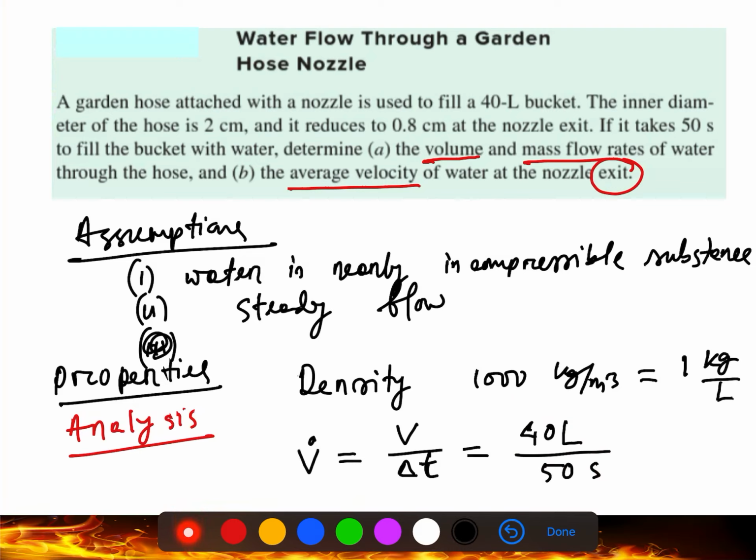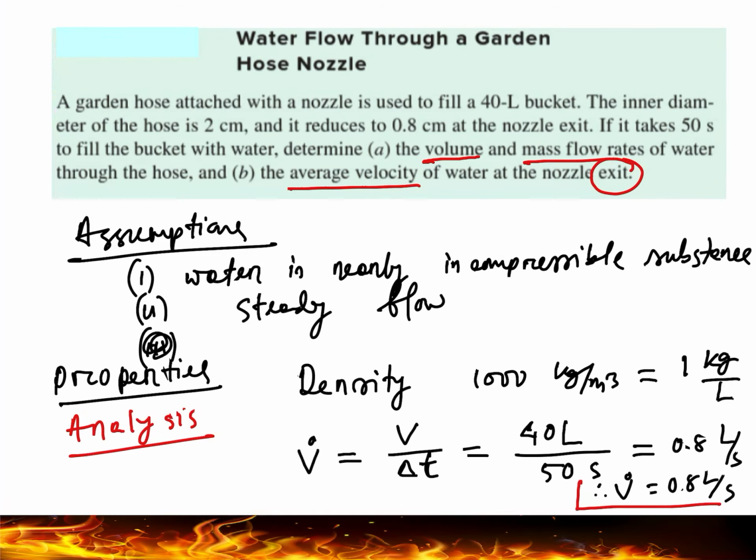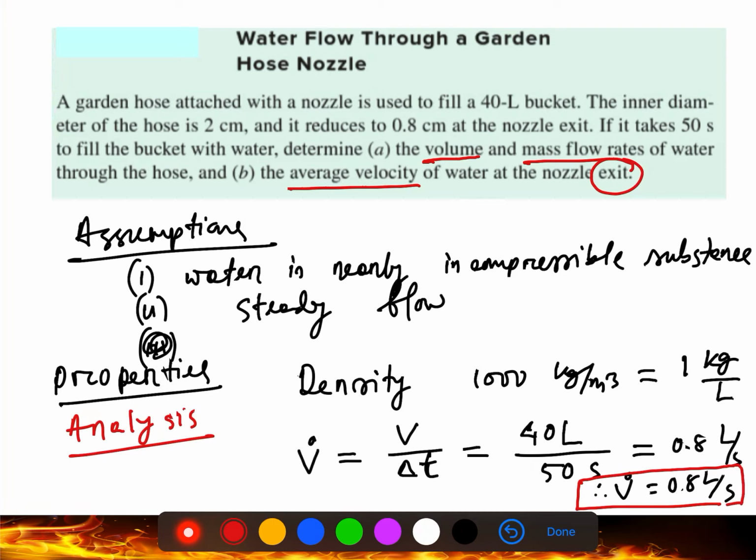If we calculate this, it will be 0.8 liter per second. So this is the volume flow rate, 0.8 liter per second. I think this is very straightforward. We do not need to understand a lot of things. If we just use the formula, then it should be fine.